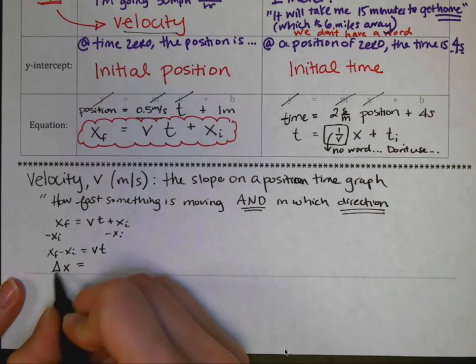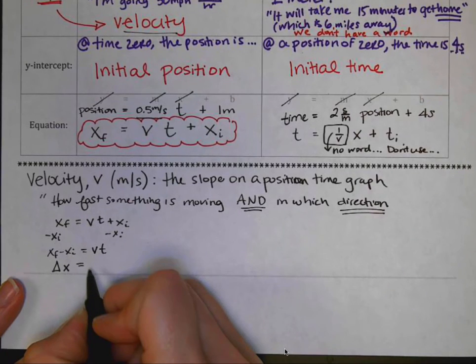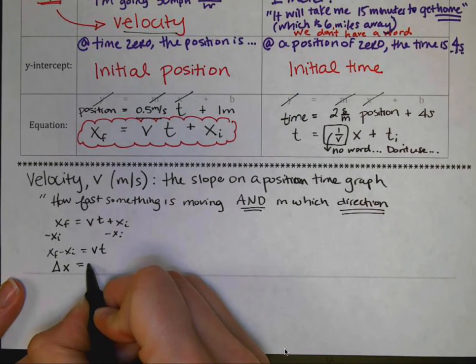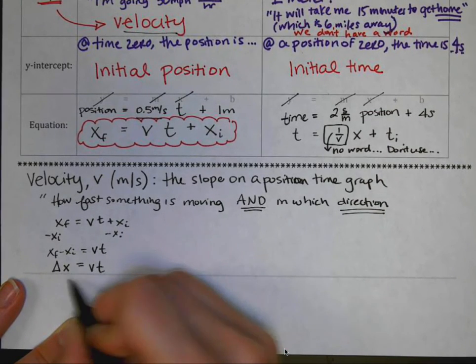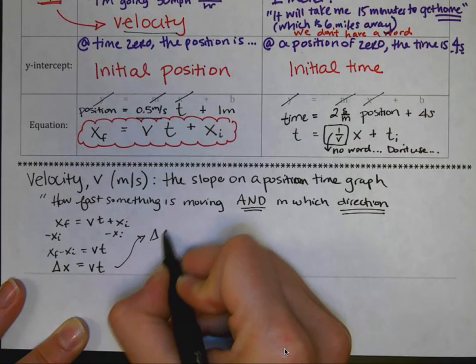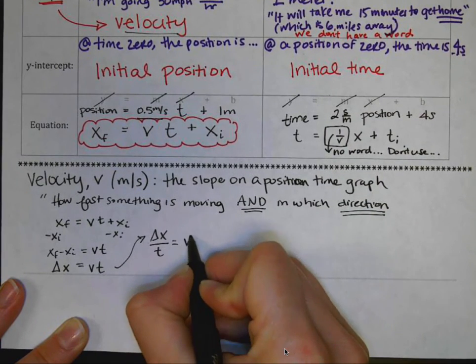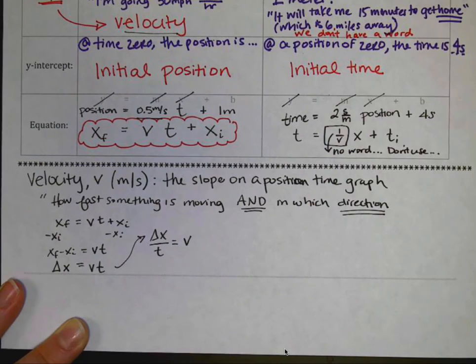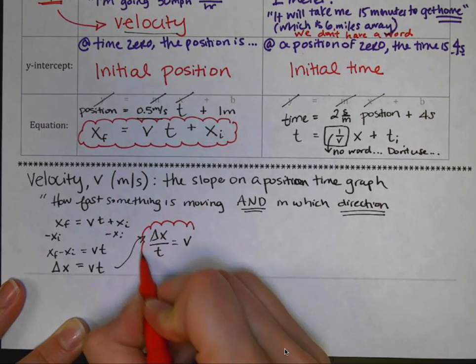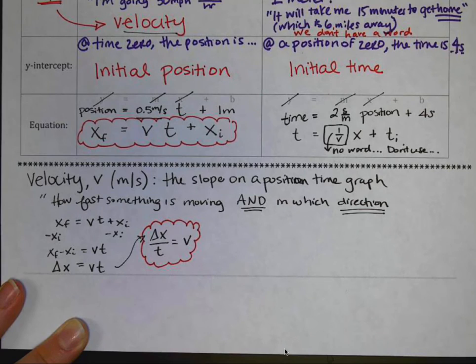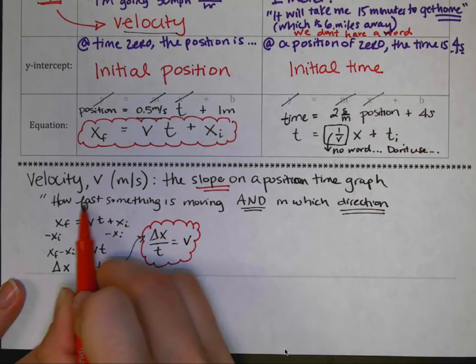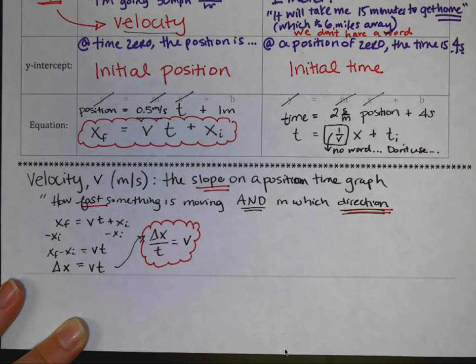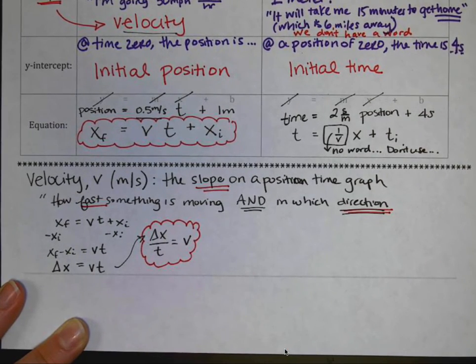So I'm just going to throw in the delta to signify the final minus initial. You've probably done that with temperature before. That's equal to velocity times time. Still, we want to get velocity by itself, so divide both sides by t, and you're left with delta x over time equals velocity. So we have that equation, an operational definition, and some words for our definition here. We'll talk a little bit about delta x in a bit.